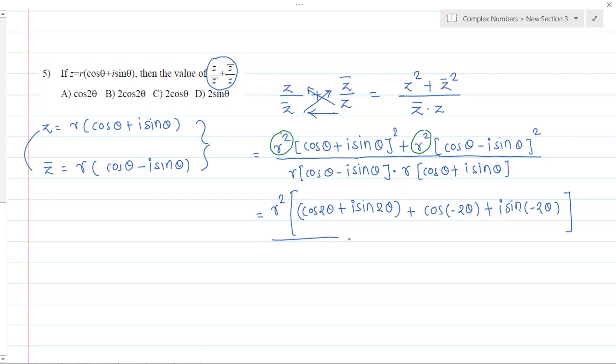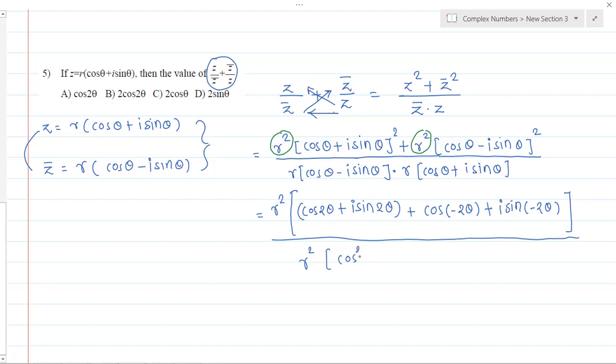Okay, perfect. This is whole divided by r into r, which becomes r square. If you observe very carefully, this is a minus b and this is a plus b. So a minus b times a plus b is equal to what? a square minus b square. What is a? a is nothing but cos theta.